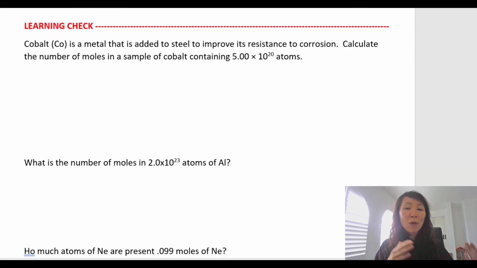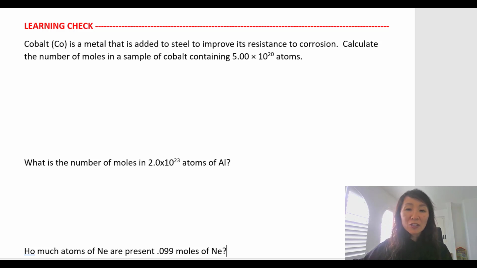Here it says cobalt is a metal that is added to steel to improve its resistance to corrosion. Calculate the number of moles in a sample of cobalt containing 5.00 times 10 to the 20 atoms.